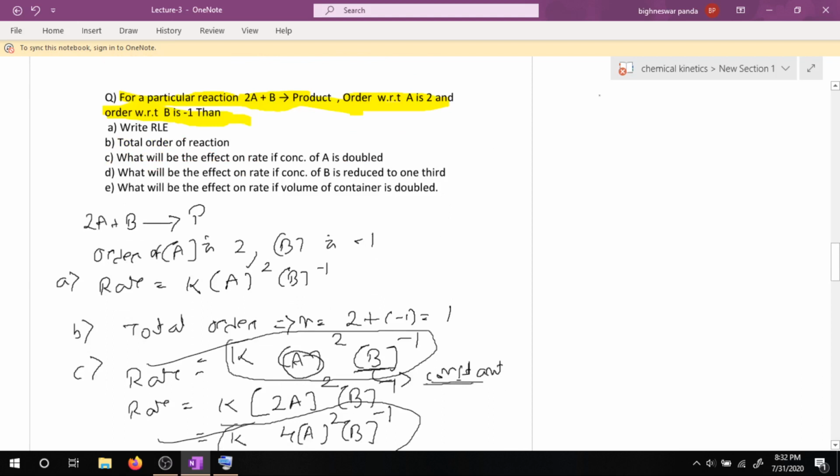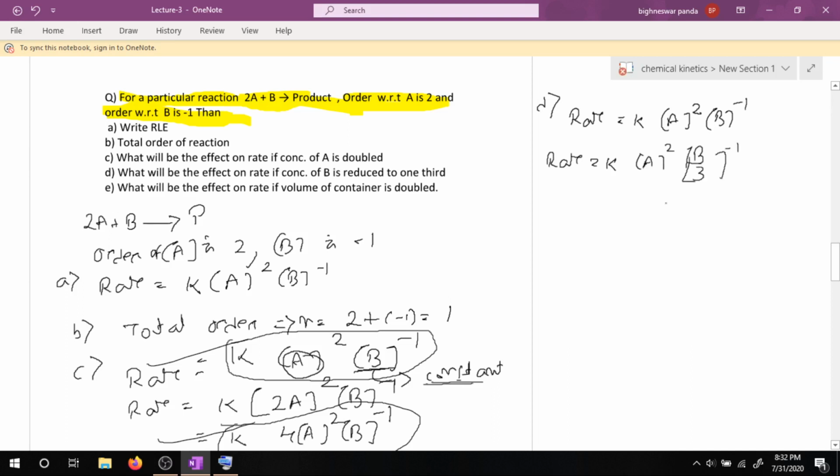Similarly, question number D, here I am solving it. What will be the effect on rate if concentration of B is reduced to 1/3? So similarly I can write here rate is equal to K into A raised to power 2 and B raised to power minus 1. So rate is equal to K into A raised to power 2 and B by 3 raised to power minus 1.